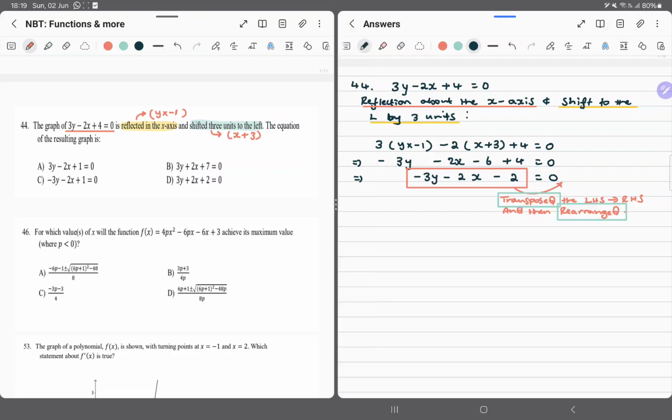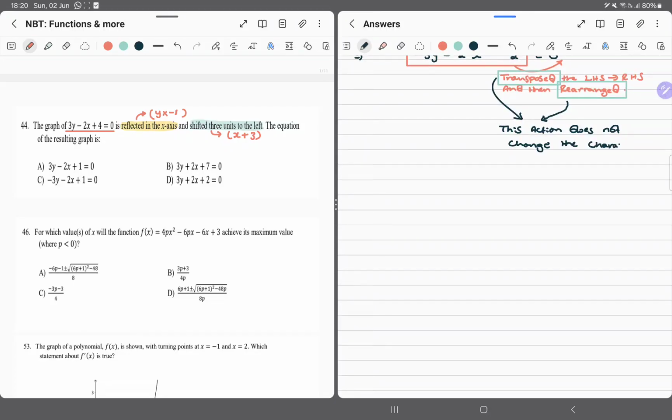And let me tell you, in a nutshell, you see, transposing and essentially rearranging does not change the characteristics of any given function.